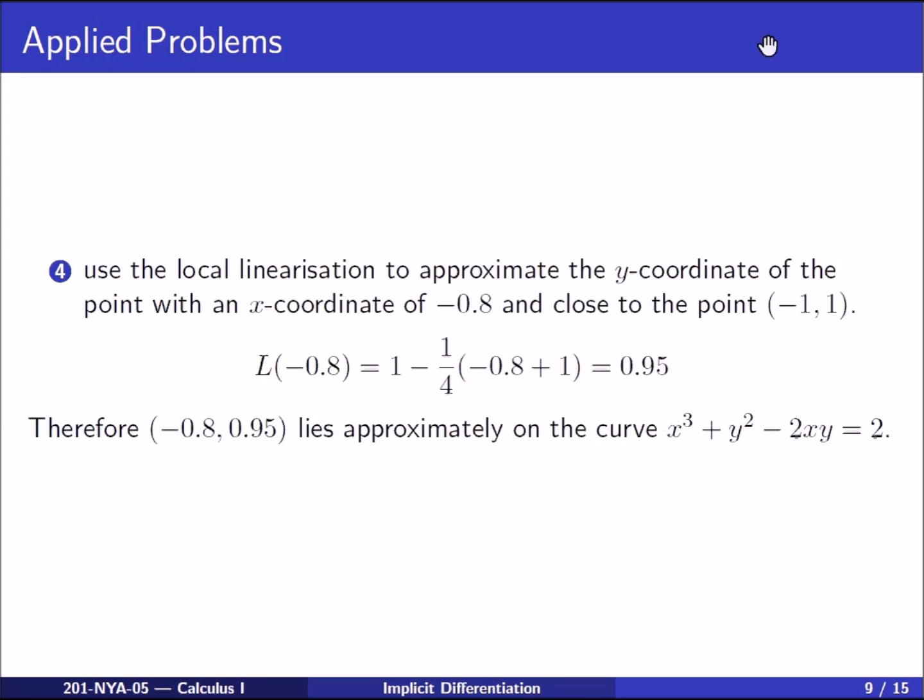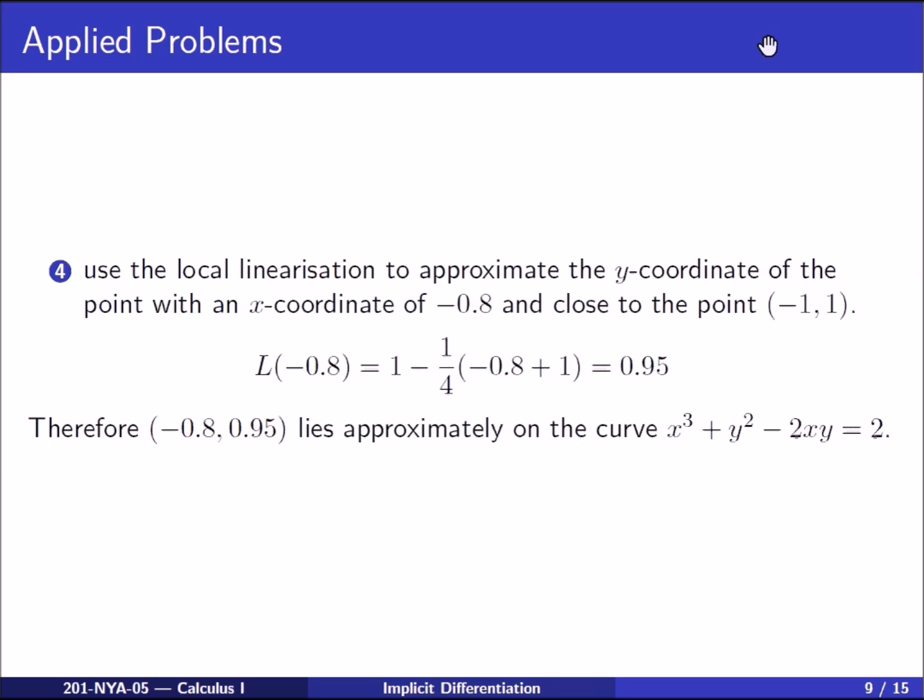So for example, any point on the local linearization would approximate a companion point on the curve. A point with an x-coordinate of minus 0.8 on the local linearization curve would be an approximation to a point with an x-coordinate of minus 0.8 on the exact implicit curve.